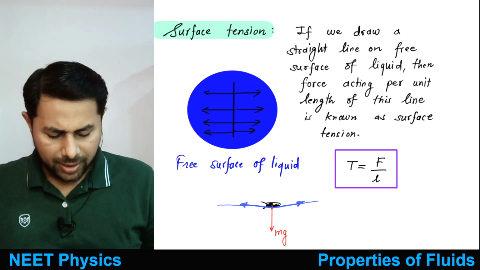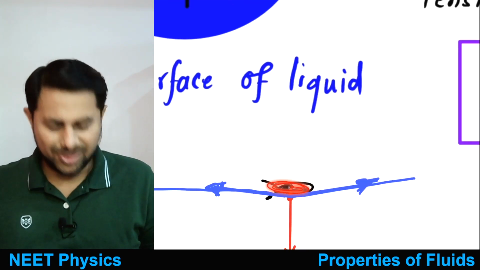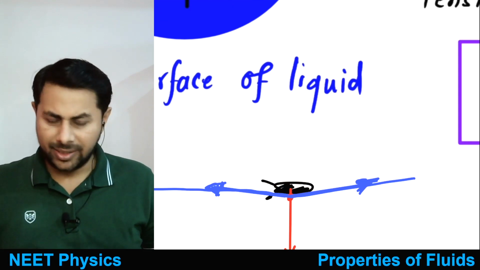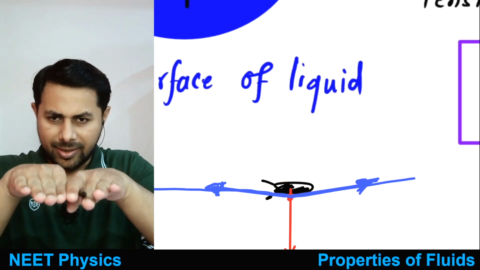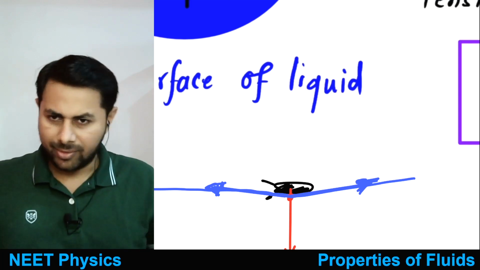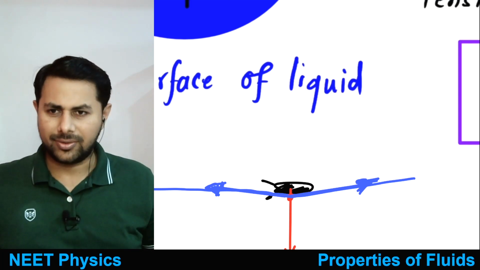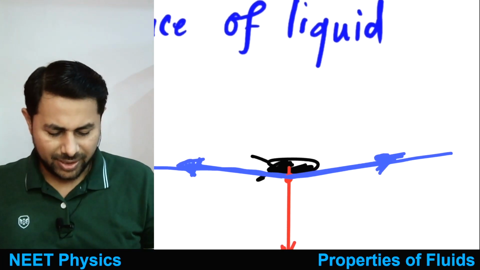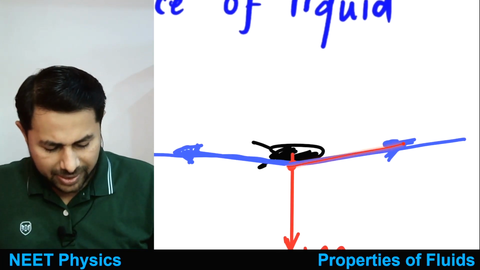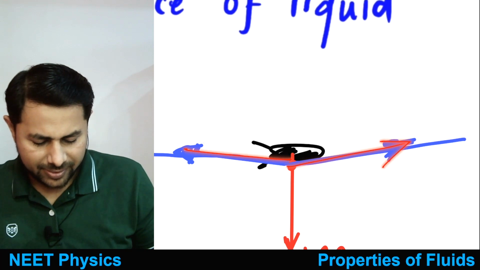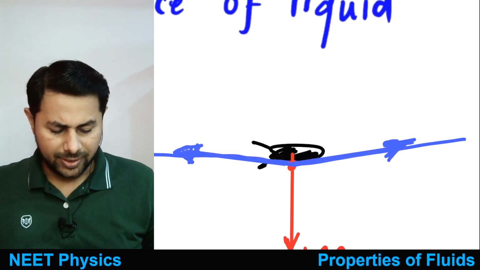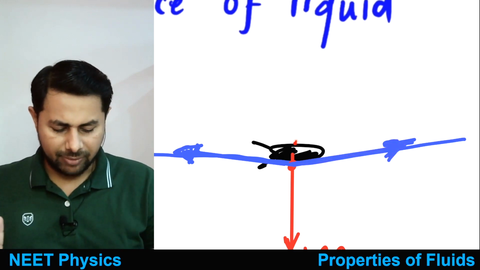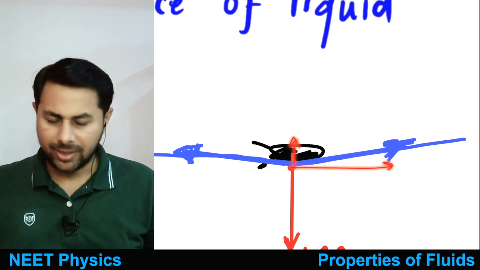So now think of this insect crawling over the surface of water. What happens here is that this membrane bends a little bit because of its weight, and the surface tension will act like this. If you resolve this surface tension into two components, there will be one vertical component and one horizontal component.